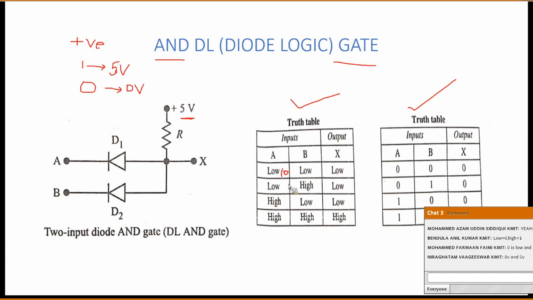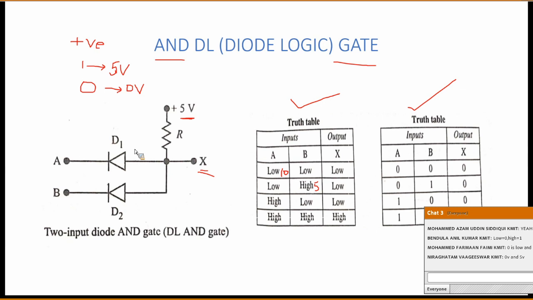Low means I need to give 0 volts here, and high means we should give 5 volts. So you can make this using the components. Now I will explain the operation of this.